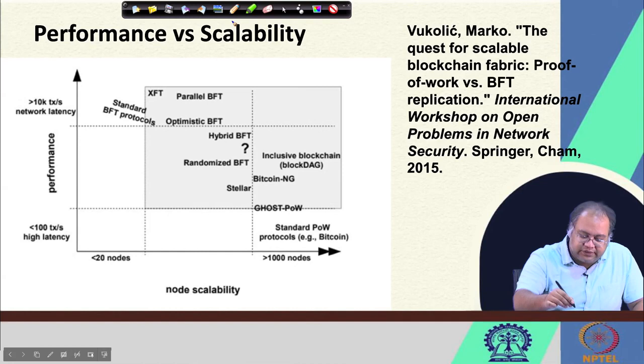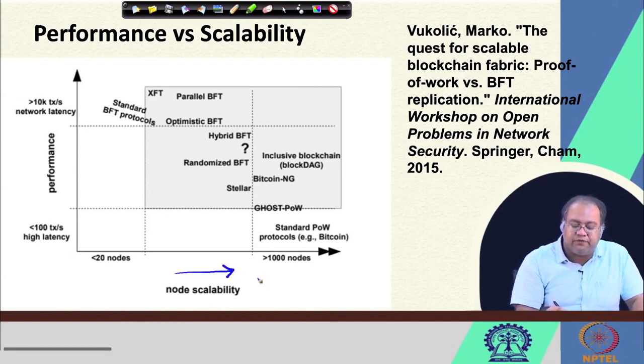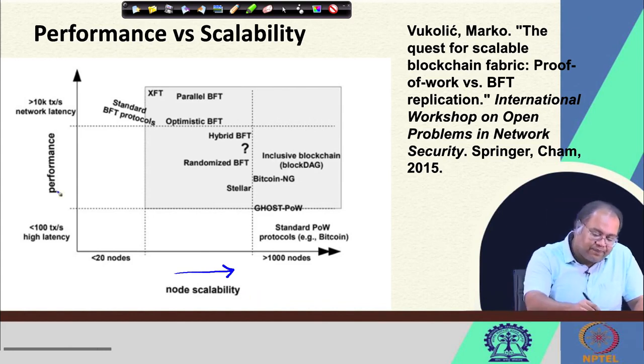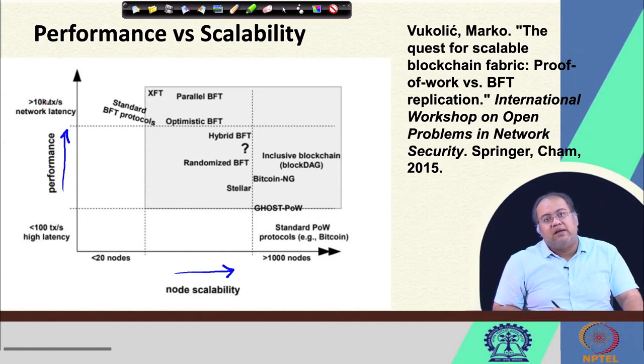The x axis shows the node scalability, that means the number of nodes supported by the corresponding consensus algorithm, and the y axis shows the performance, that is, the transaction throughput. The minimum is less than 100 transactions per second, and the maximum is something more than 10k transactions per second.